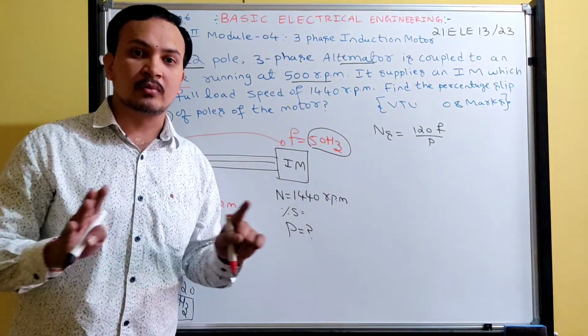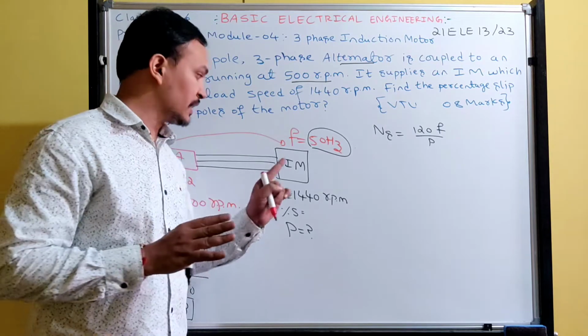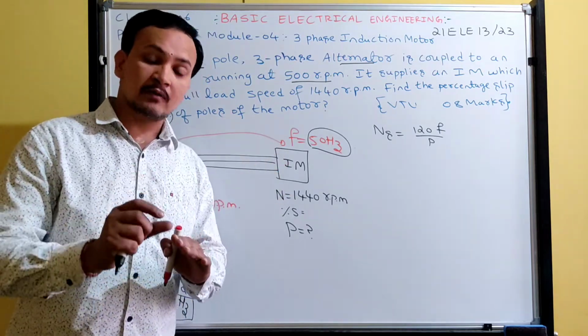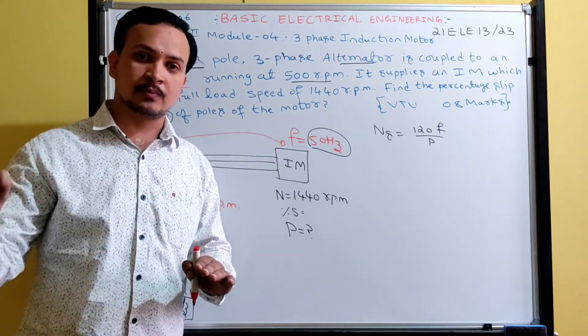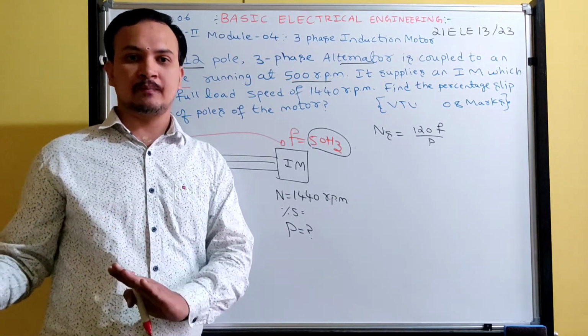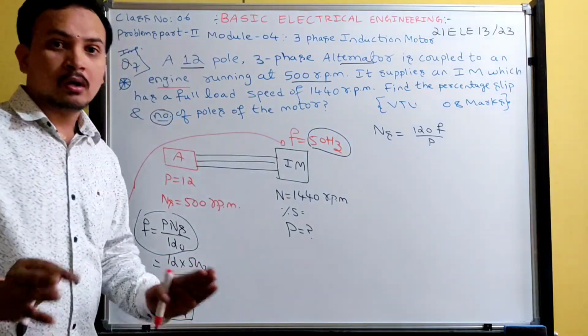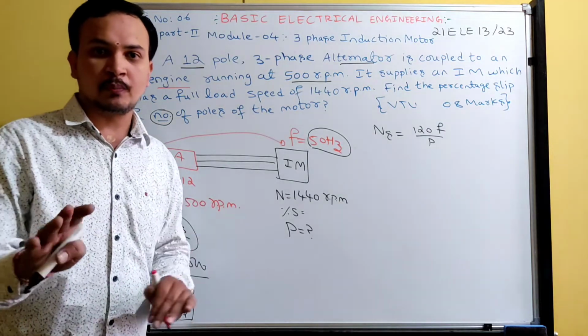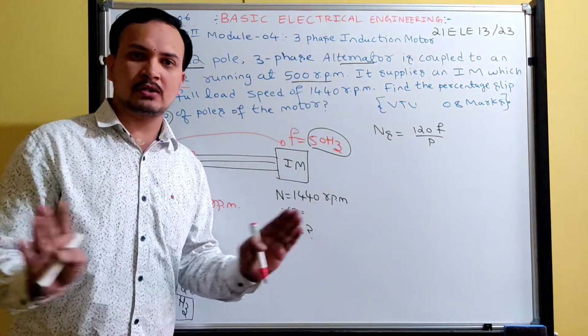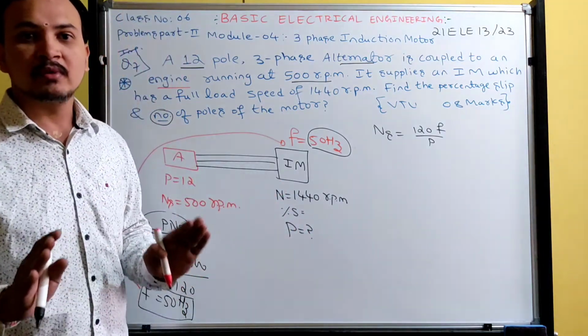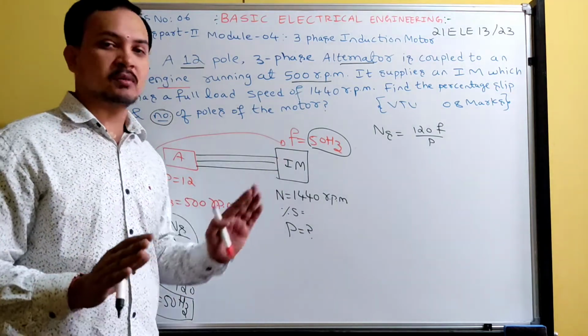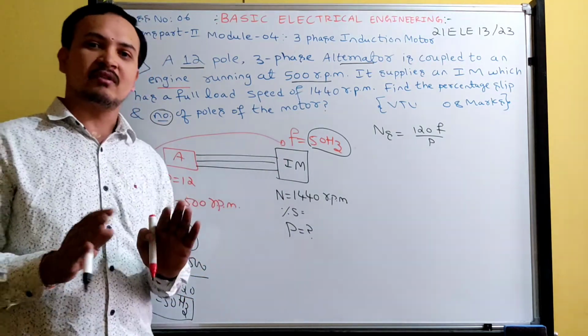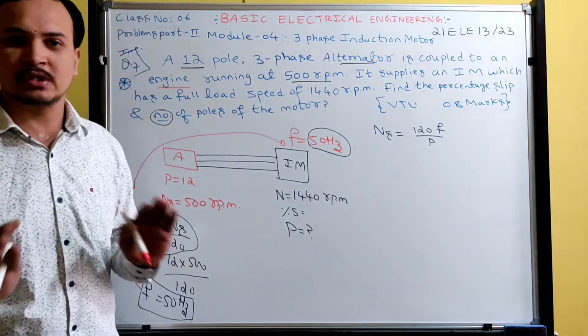There are no odd number poles. The number of poles in an induction motor may be 2 poles, 4 poles, 6 poles, even numbers only. Without poles, no induction motor ever runs. It cannot be 0 poles. The minimum number of poles for an induction motor or any rotating machine is 2 poles.